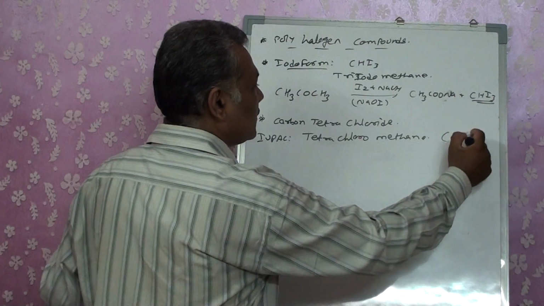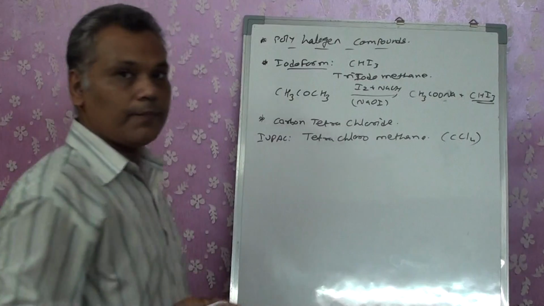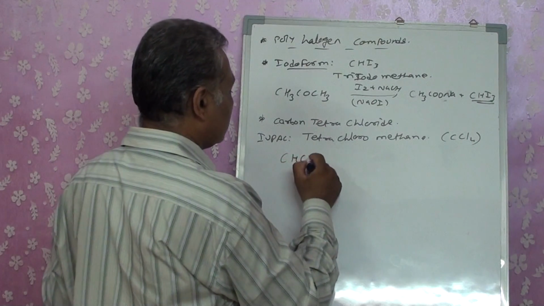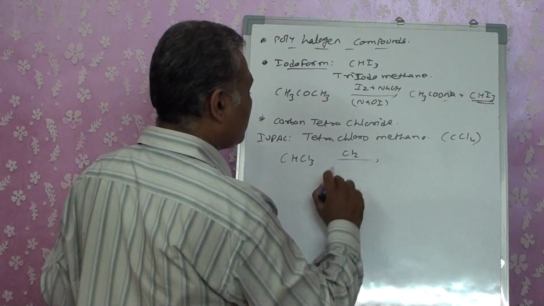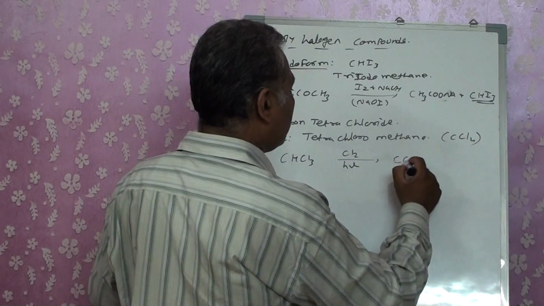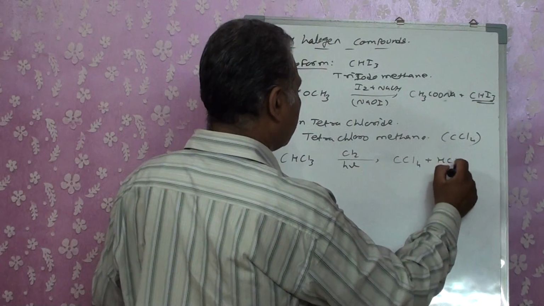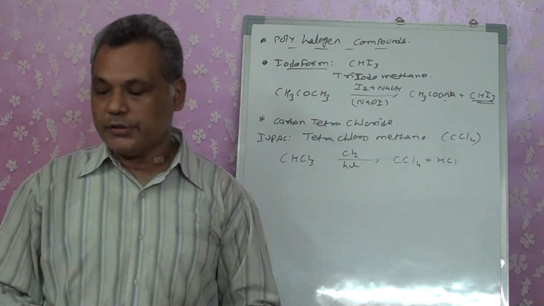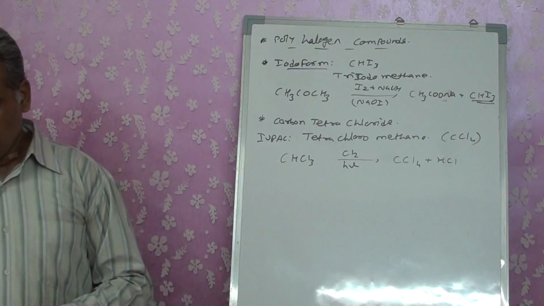Its formula is CCl4, right? How to prepare it? Again, CHCl3, when exposed to air and sunlight in the presence of chlorine free radical, forms CCl4. So it's one more step of the free radical reaction to produce carbon tetrachloride, right?